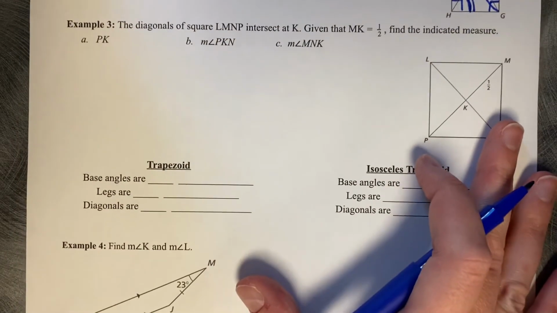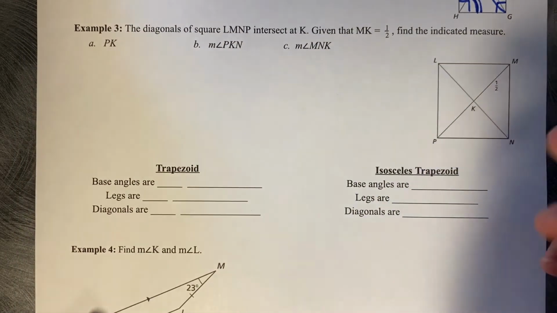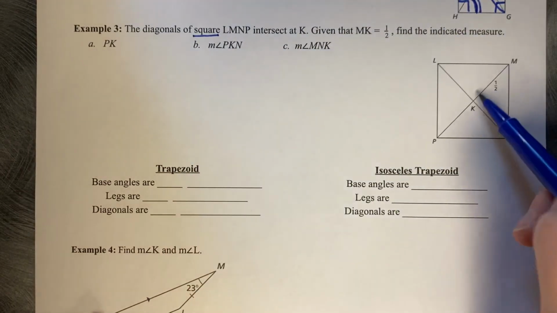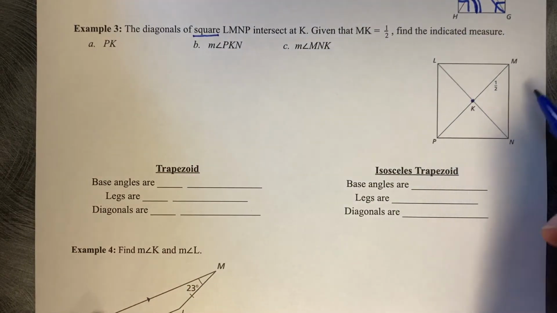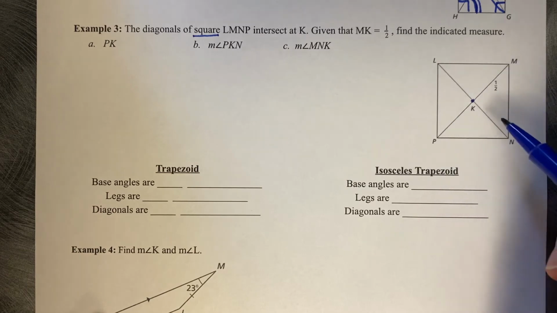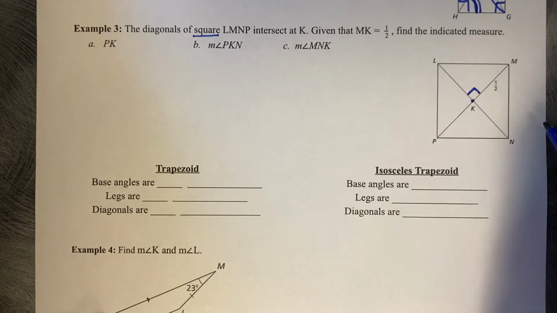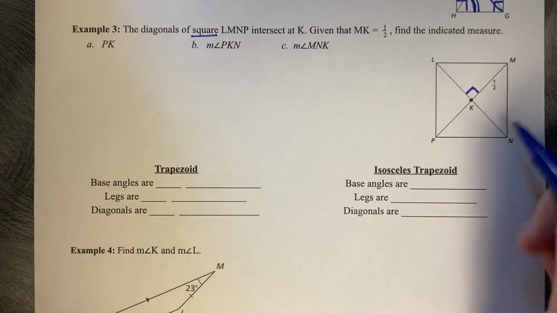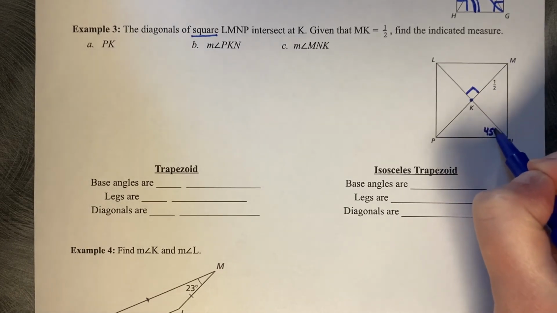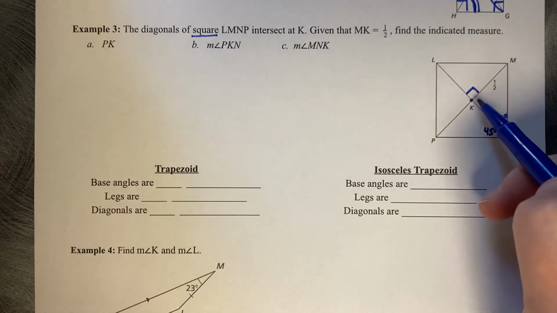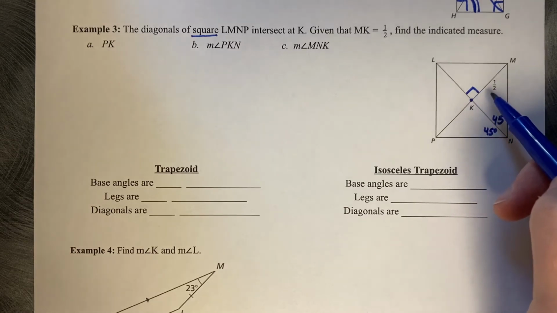All right, and then let's look at our most interesting friend, the square. The diagonals of a square intersect at K. So I know that all the sides are congruent. I know each corner angle is 90 degrees. I know that it intersects at a 90-degree angle. And each diagonal makes 45-degree angles with the sides. These are just things I know about squares. Given that MK is 1/2, find the measure of each.